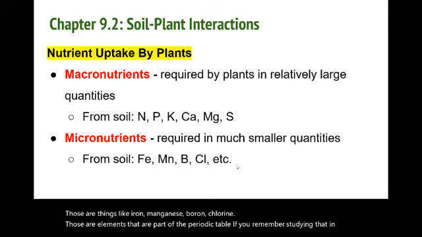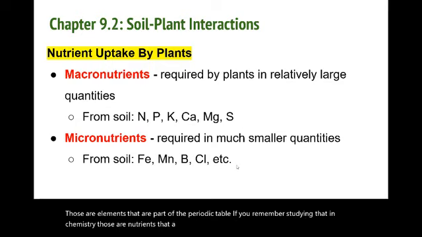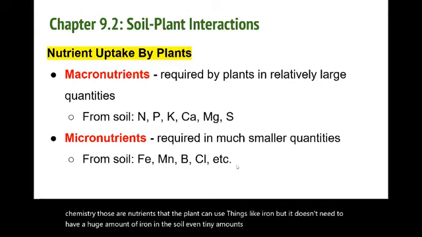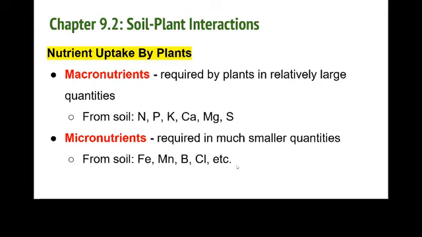Those are nutrients that a plant can use, things like iron, but it doesn't need to have a huge amount of iron in the soil. Even tiny amounts of iron the plant can use. For example, a lot of your leafy greens, things like kale, Swiss chard, spinach, collard greens.